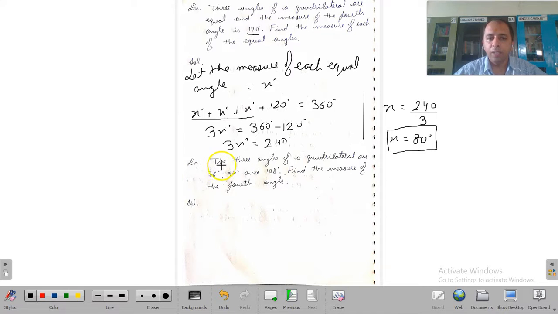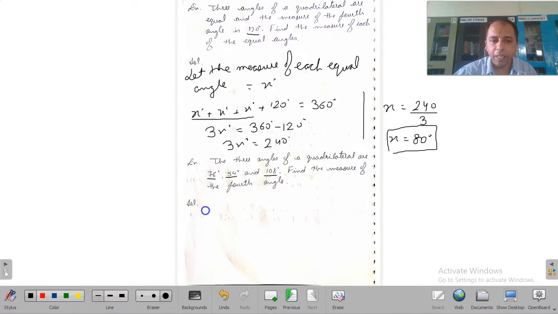One more example. The three angles of a quadrilateral are 76 degree, 54 degree and 108 degree. These are the measures of three angles of a quadrilateral. Find the measure of the fourth angle. Again, according to the angle sum property of a quadrilateral, the sum of four angles is 360 degree.